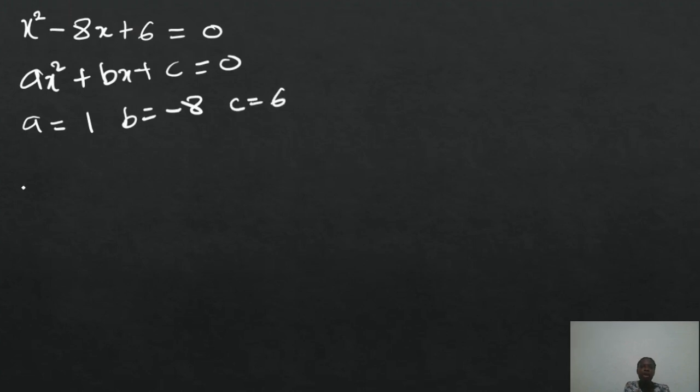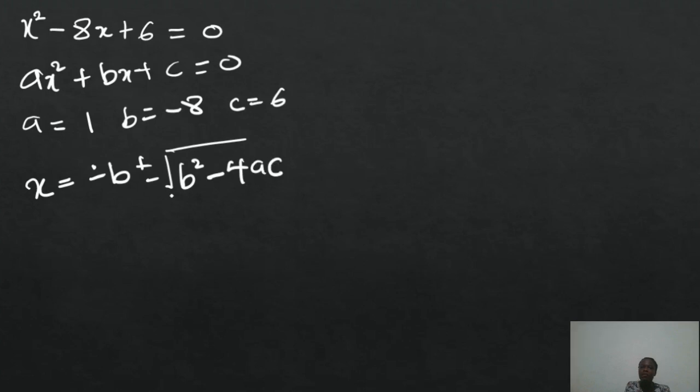So now from the almighty formula, we say that x is equal to negative b plus or minus the square root of b squared minus 4ac all over 2a. So now wherever we see b, we are putting negative 8 there. Wherever we see a, we are putting 1. Wherever we see c, we are putting 6.